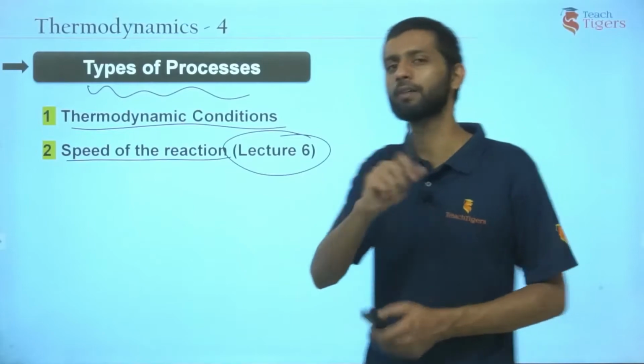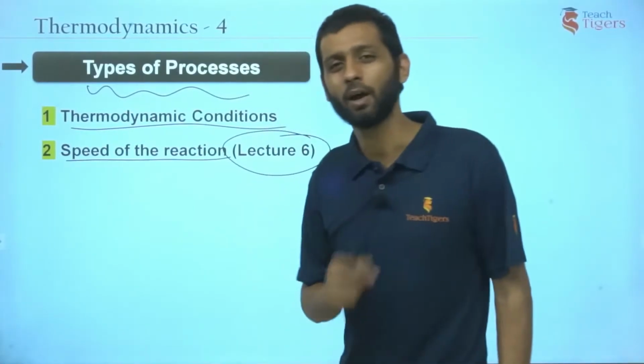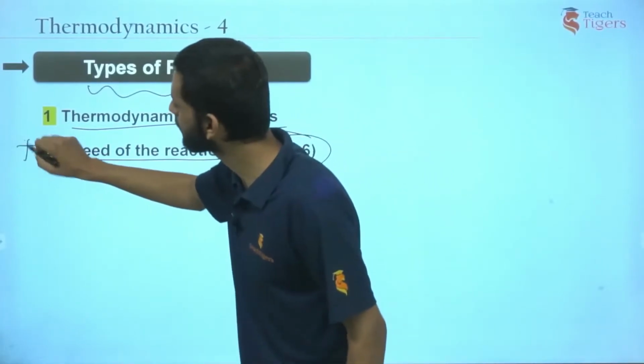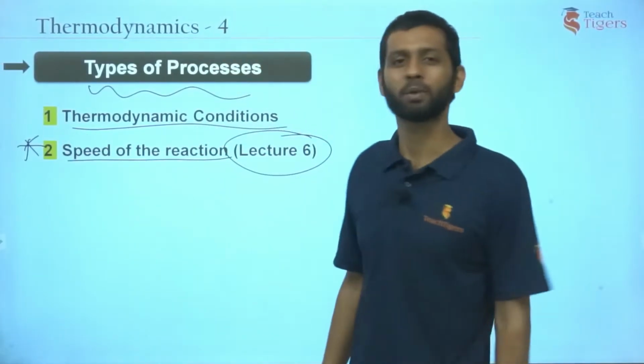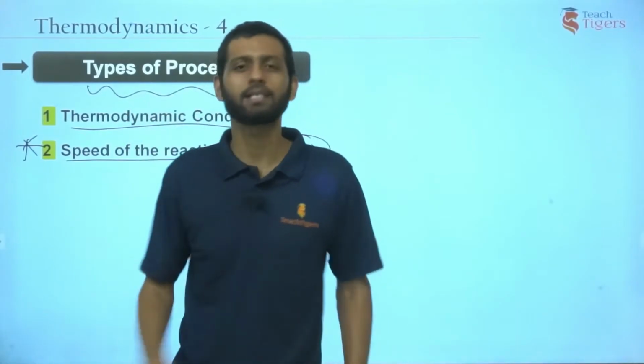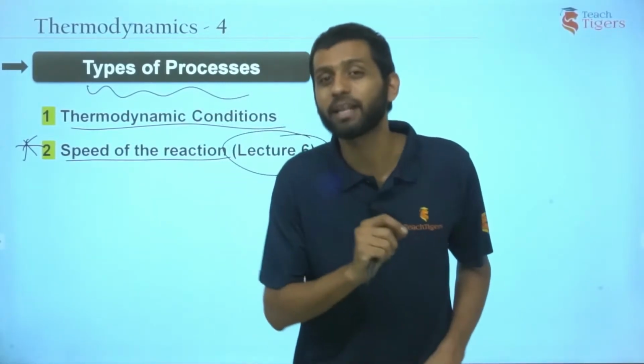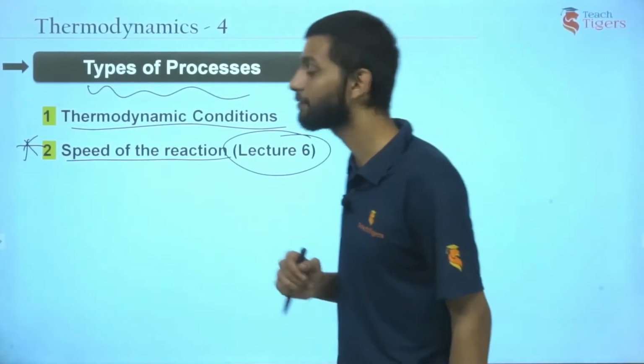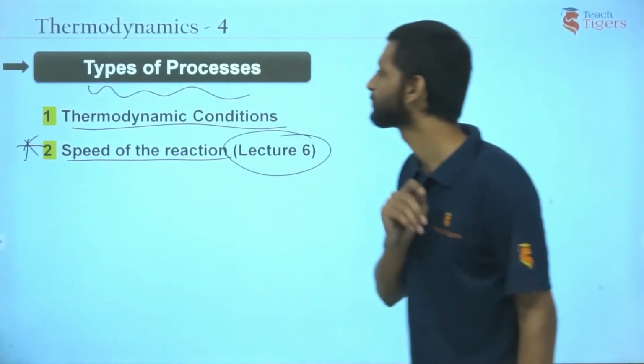This is regarding reversibility and irreversibility of any given reaction. This might seem slightly confusing because most textbooks mention that thermodynamics does not concern itself with speed of reaction, but in a certain way it does, and we are going to find that out soon.